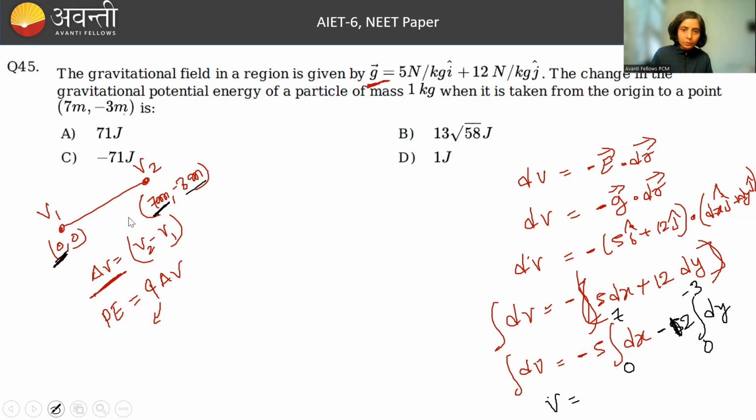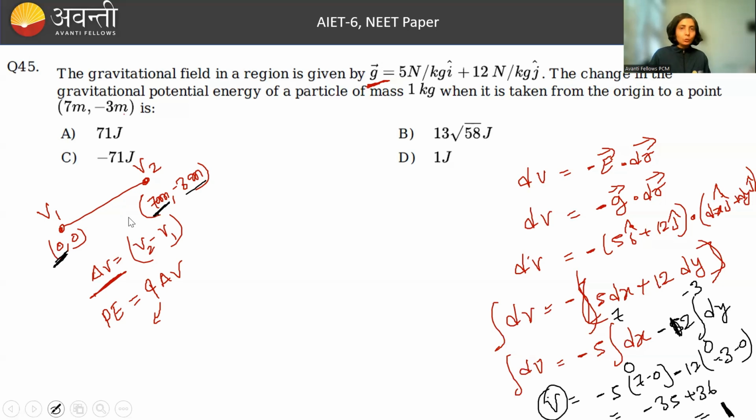V equals minus 5 dx. The integration of dx is x, so 7 minus 0, and minus 12 times (minus 3 minus 0). This is equal to minus 35, and this becomes plus 36. So the potential difference is equal to 1 unit.